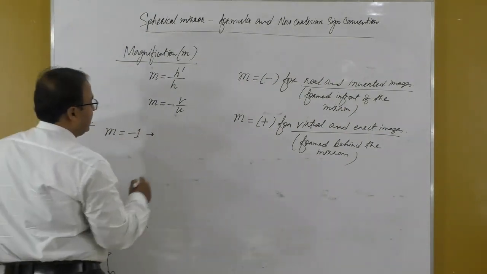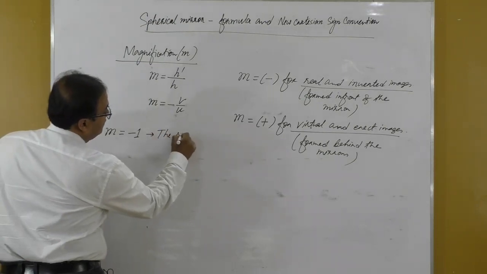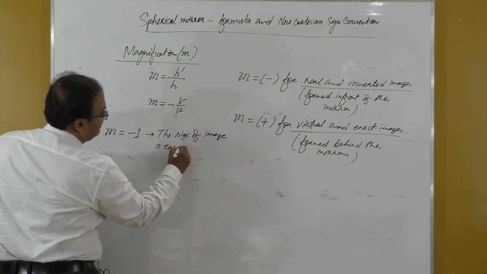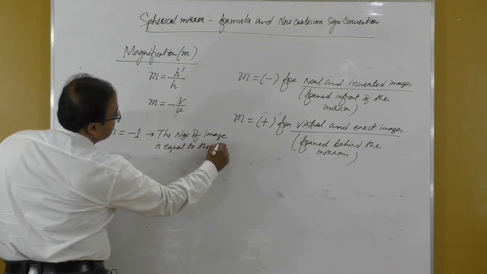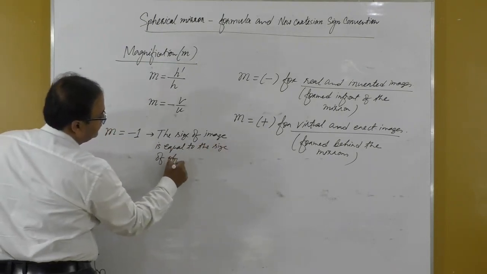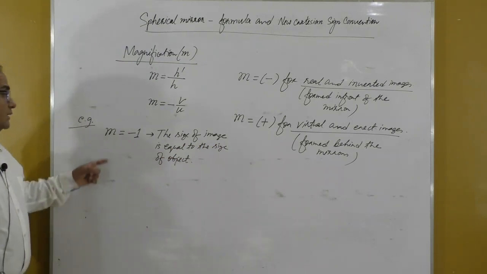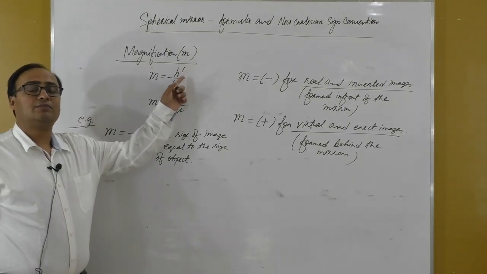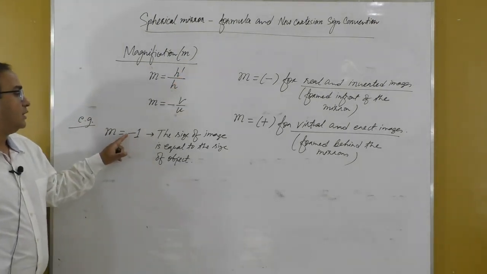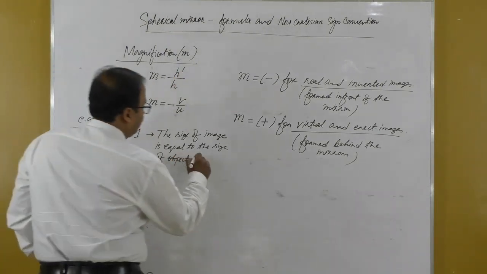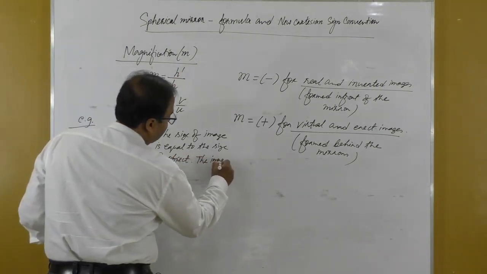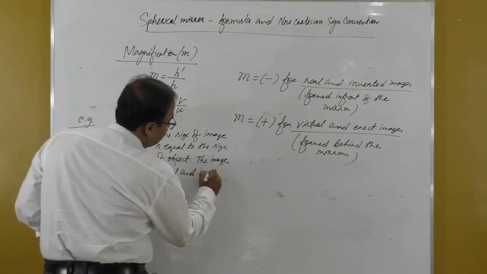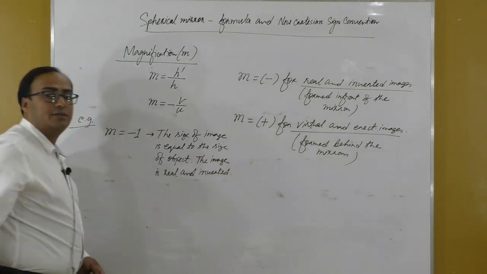So m minus 1 indicates the size of image is equal to the size of object. ये कैसे पता चला? m का वैल्यू 1 कब होगा? जब ये दोनों का वैल्यू सेम होगा. इमेज का साइज और ऑब्जेक्ट का साइज सेम होना चाहिए, तो m का वैल्यू 1 होगा. और इस नेगेटिव साइन का सिग्निफिकेंस क्या है? The image is real and inverted.